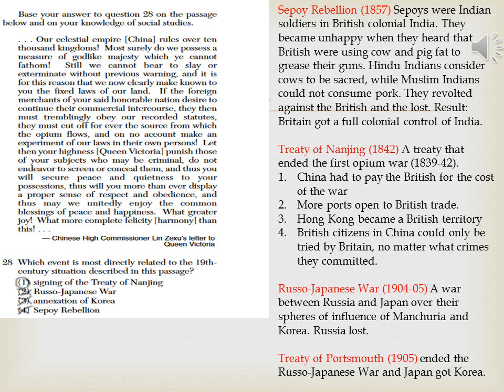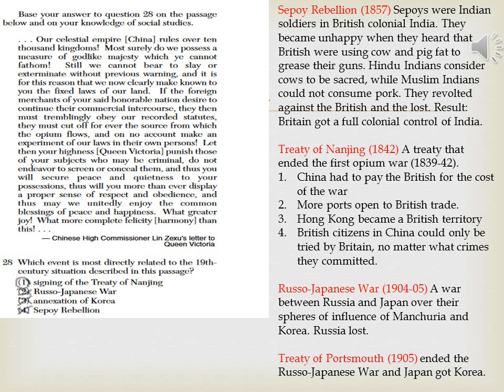So number 1, China had to pay the British for the cost of the war. 2, more ports became open to British trade. 3, Hong Kong became a British territory. 4, British citizens in China could only be tried by Britain, no matter what kind of crimes they committed. So you know why it's the Treaty of Nanjing, because they're talking about opium.